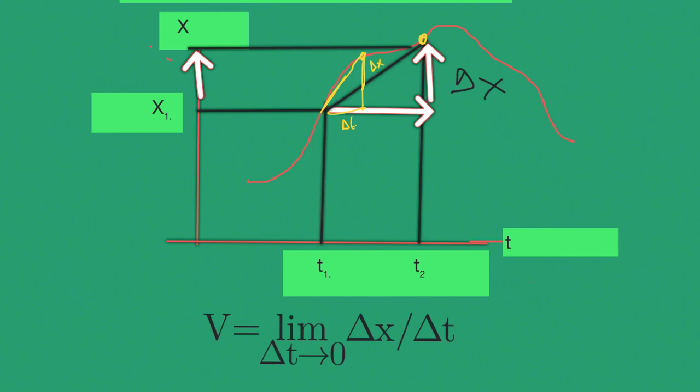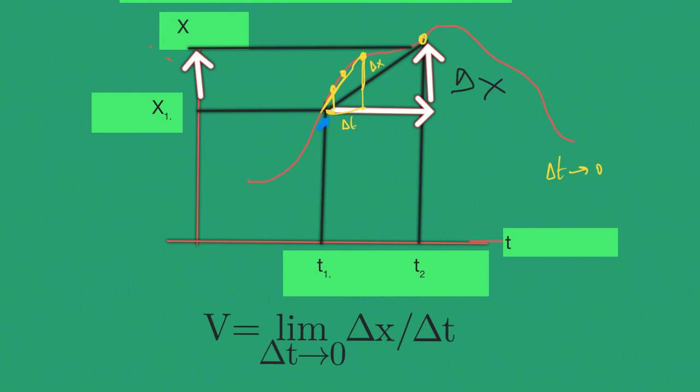If you move this point instantaneously, it doesn't mean delta t equals 0. It means that delta t tends to 0. So if you move this point very near and you make this delta t very, very small, then you consider what is the instantaneous velocity.